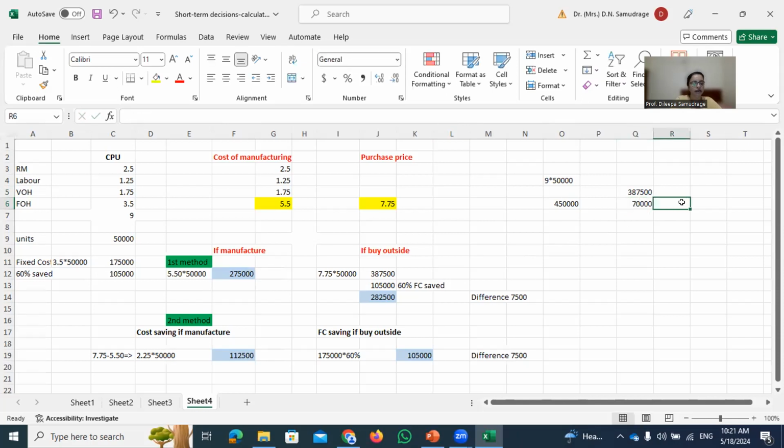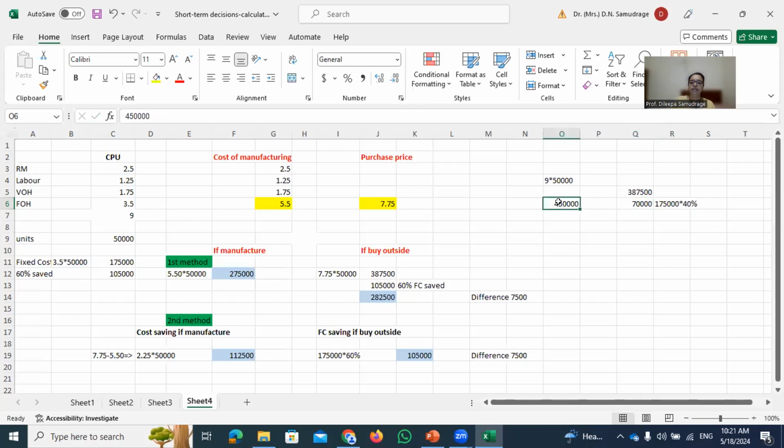Total fixed cost 175,000, making 40% gives 70,000. Right?